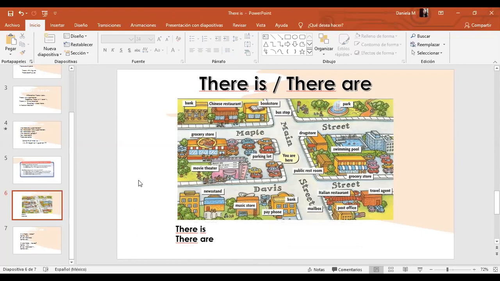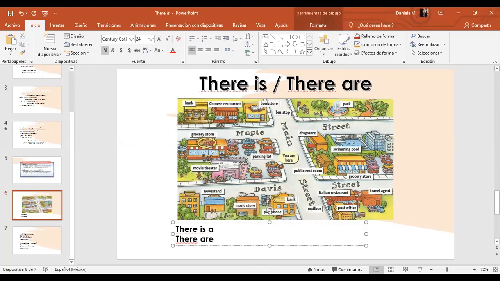What about parks? If I ask you about parks in this neighborhood, what would be your answer? Will you answer by saying there is or there are? Exactly.